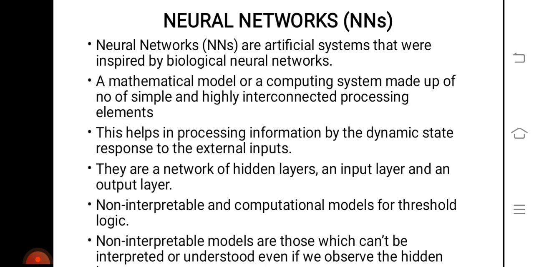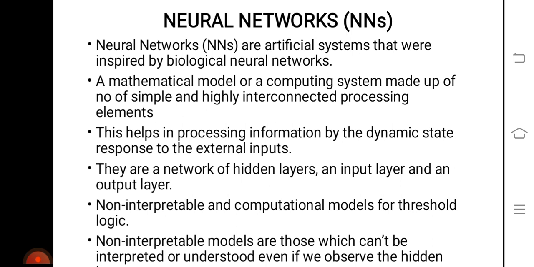This looks like neurons, so it's called a neural network. This helps in processing information by dynamic state response to the external input. They are a network of hidden layer, input layer, and output layer. Neural networks contain three main important layers. What are they? Hidden layer, input layer, and output layer.